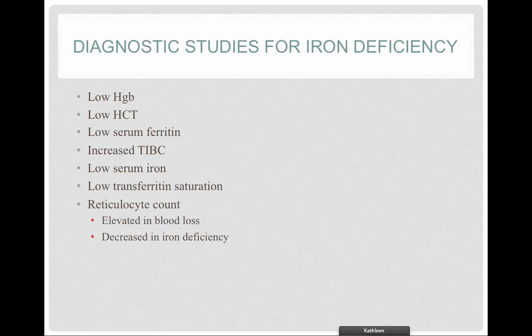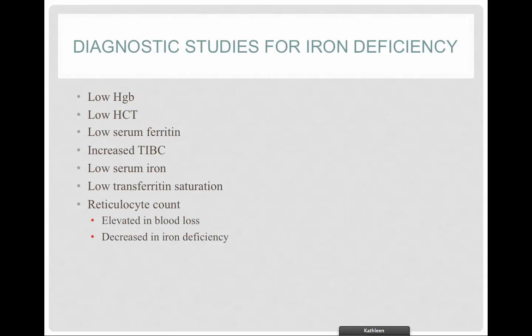So low serum ferritin, which is the iron storage, increased total iron binding capacity, low serum iron, low transferrin saturation. The retic count is elevated in blood loss, and it's decreased in iron deficiency anemia.